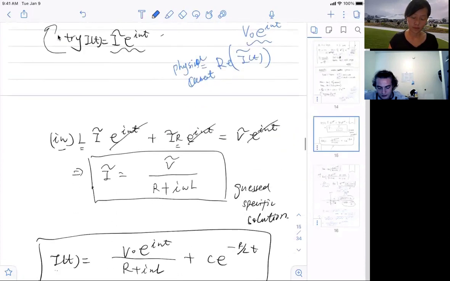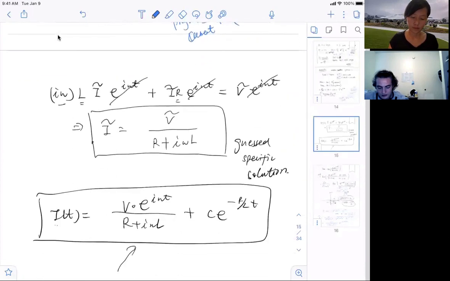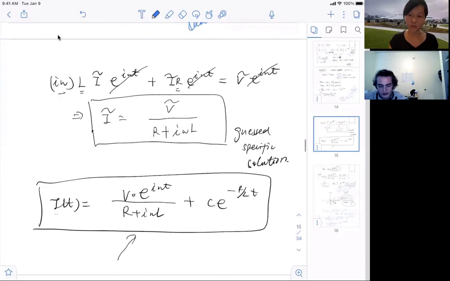Then we changed it into this form, so we sort of went back to what we would have found for the homogeneous version of it.